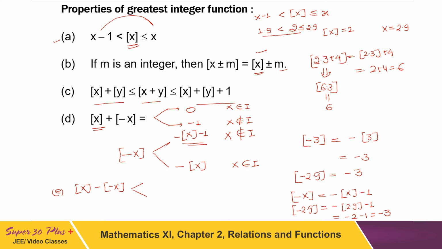By the above discussion, if x belongs to the integers, then your answer will be 2 times the greatest integer of x, and if x is not an integer, then your answer will be 2 times the greatest integer of x plus 1, because the greatest integer of minus x is equal to minus of the greatest integer of x minus 1, and applying this minus sign, the answer will be this.